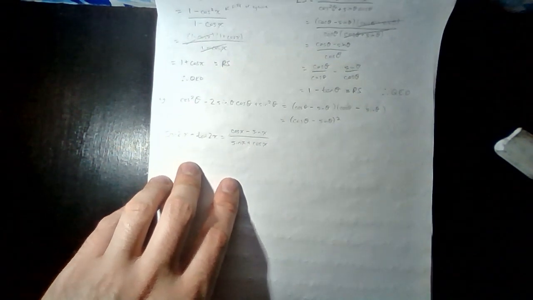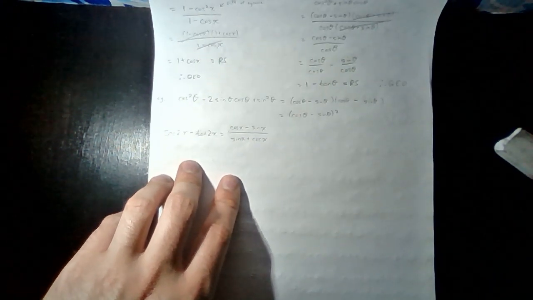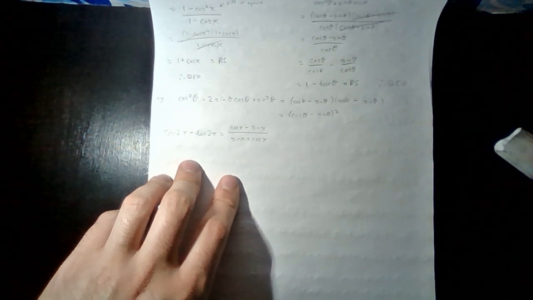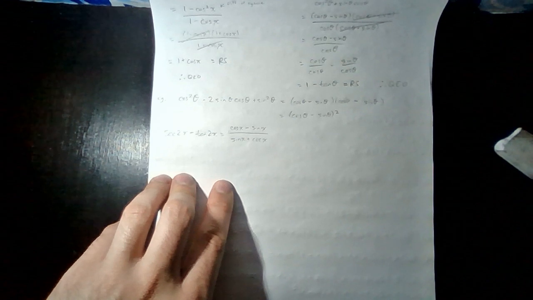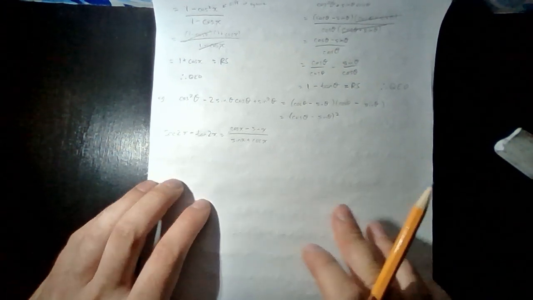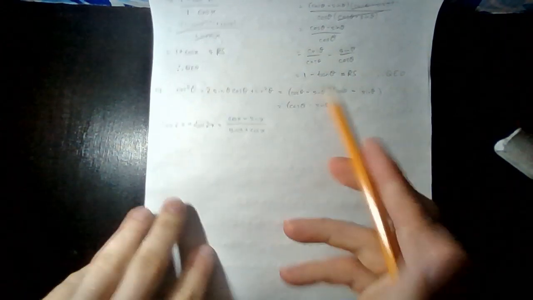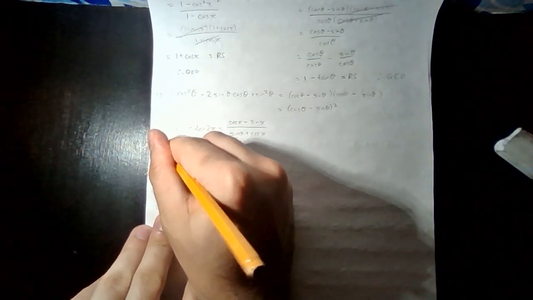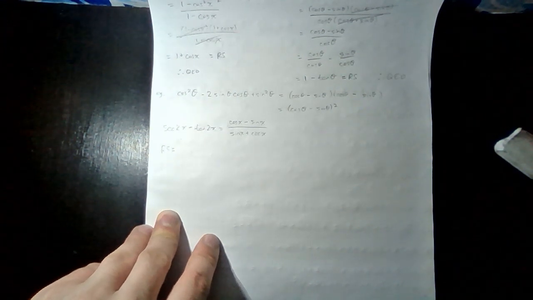So right off the bat, this is not a very easy trig identity. We have very different terms happening here. But I will talk more about starting with the right side and going to the left, as it's a little less intuitive. So if you want to look at the other way, check that completed note.